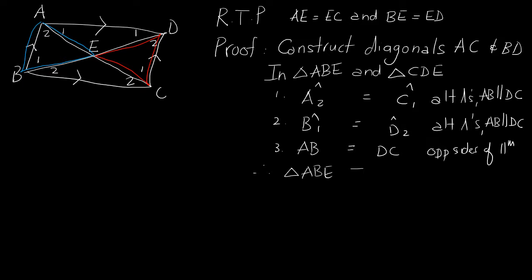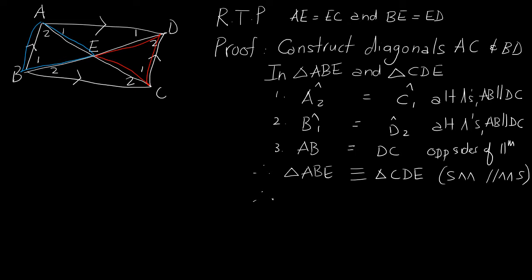Right, so now that we have that, we'll say therefore triangle ABE is congruent to triangle CDE, and we would use the reason side angle, or some people call it angle side, and one of those two you could call it, right? Now let's look at it from this congruency. What do we determine now?